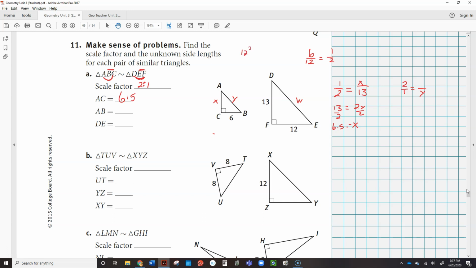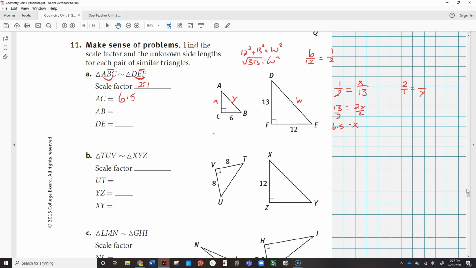So 12 squared plus 13 squared is equal to W squared. And 144 plus 169 is equal to 313.